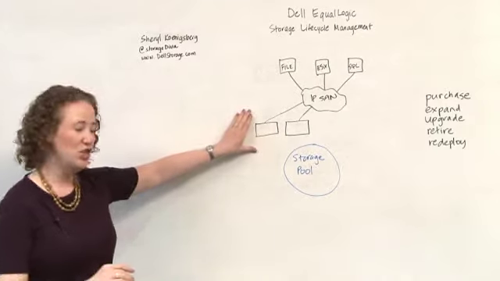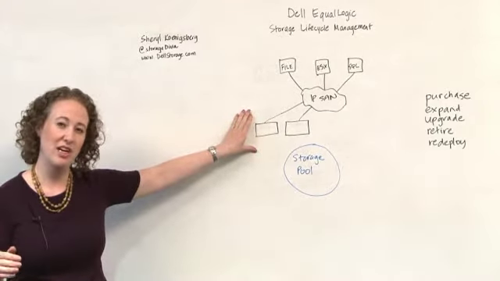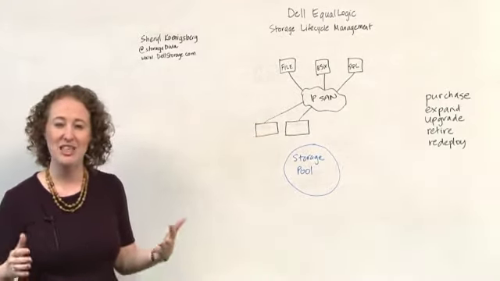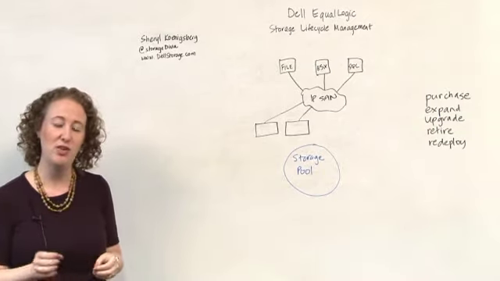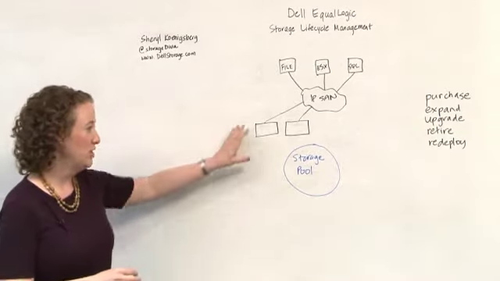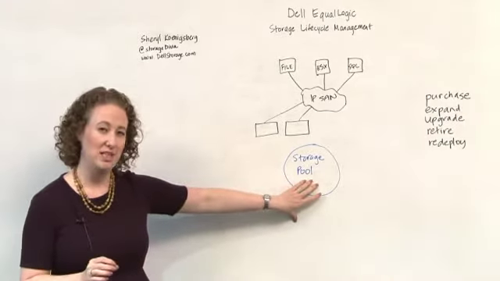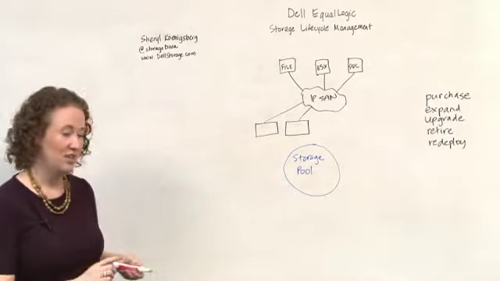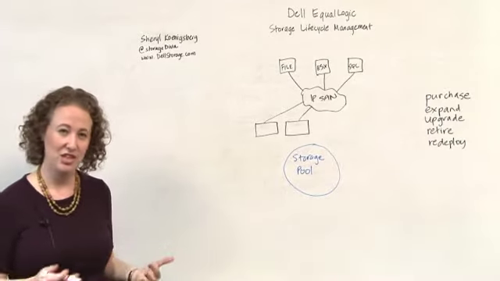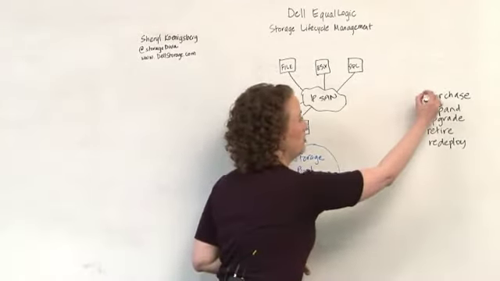Because of that, there's no need to know what your storage environment might look like 5 or 7 or 10 years from now to determine what your initial investment should be. You start out just by purchasing what you need and creating a storage pool that meets those initial requirements.